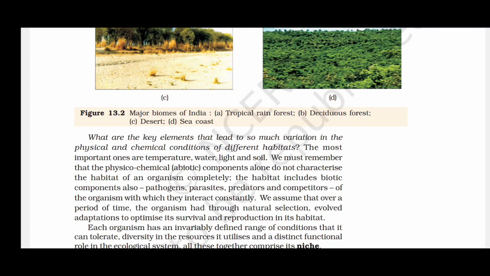The habitat includes biotic components also: pathogens, parasites, predators, and competitors of the organism with which they interact constantly. We assume that over a period of time, the organism had, through natural selection, evolved adaptation to optimize its survival and reproduction in its habitat.